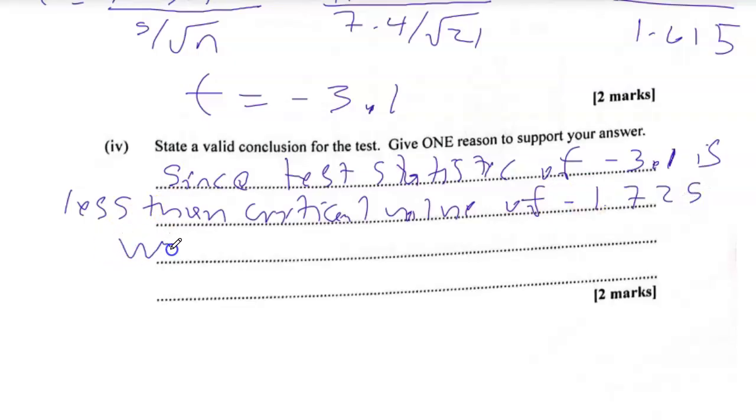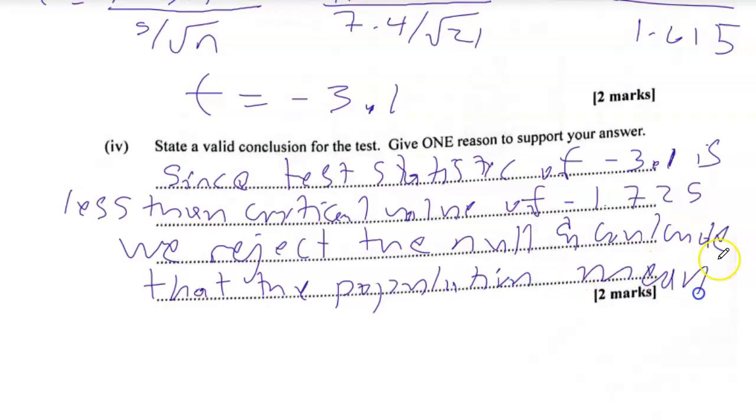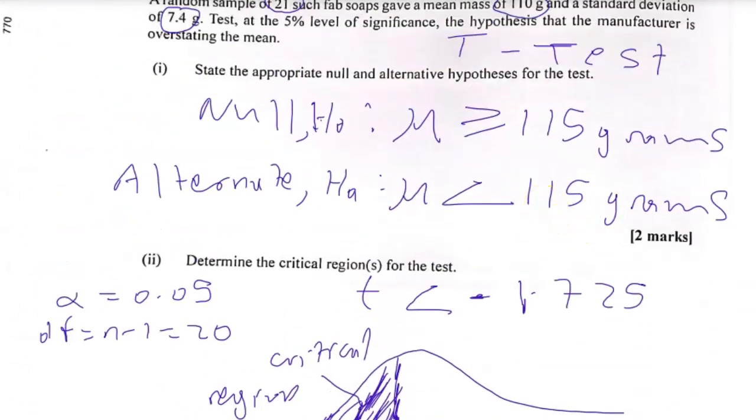So we're going to reject the null and conclude the alternate, that the population mean is actually less than 115.